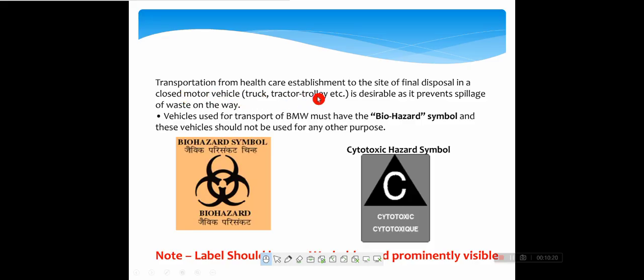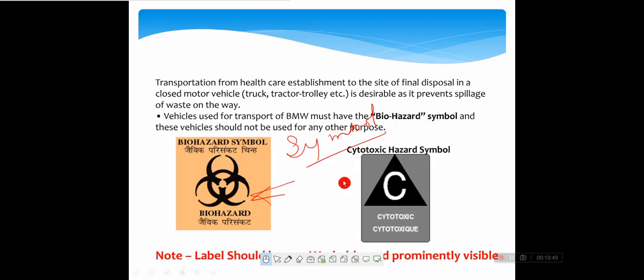via motor vehicles, trucks, tractors and trolleys. And after that, as you can see in the diagram, this is the biohazard symbol. Vehicles used for transportation of biomedical waste must have a biohazard symbol, and these vehicles should not be used for any other purpose.